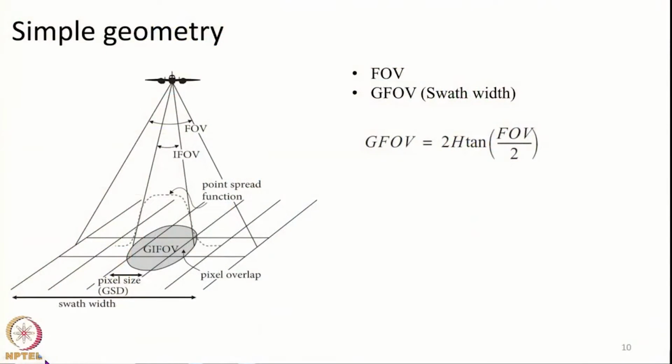Next important thing we are going to see is what is known as the field of view. Here we first talked about one single detector element, the angle covered by it, and the ground covered by it: IFOV and GIFOV. But I also told you that we will be collecting information for a broad distance on the ground. So, there will be a scanner which will scan a certain angle.